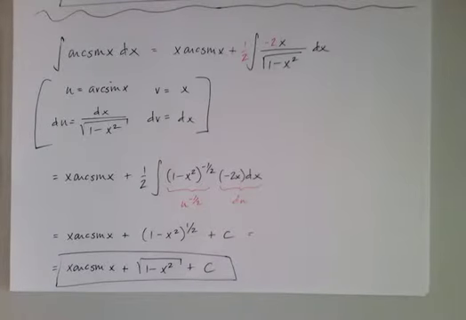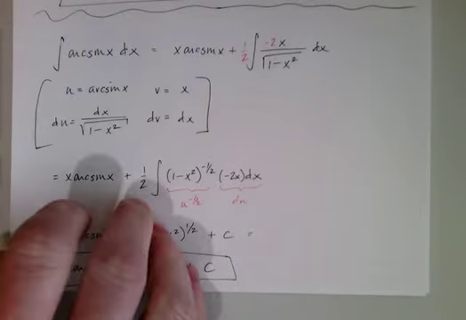So all you're really doing is creatively using the product rule in a sort of formulaic way in order to change a really messy integrand, which is oftentimes a combination of two different classes of functions, into something that can actually be executed. Okay, let's do one more, and then we'll call this first video to a close, and then we'll do another one.